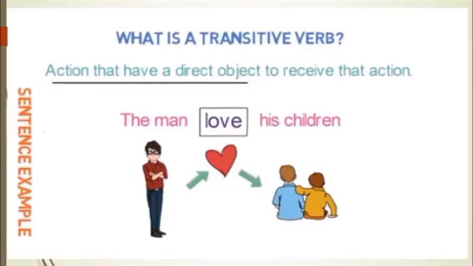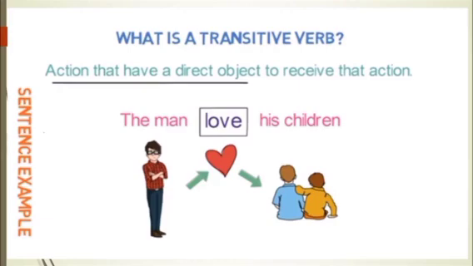In simple sense, what is a transitive verb? Action that has a direct object to receive that action. So, a transitive verb means it is an action verb with the direct object. Let's see the example sentence. The man loves his children.